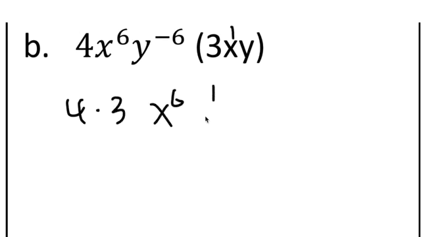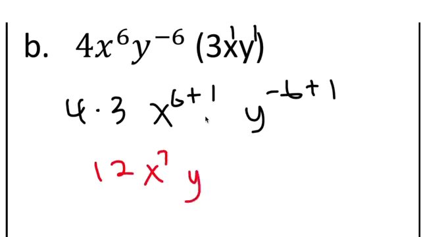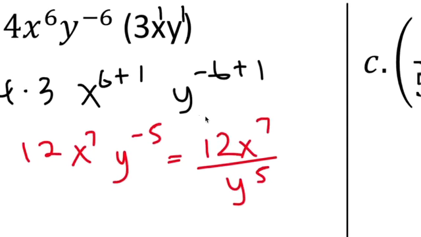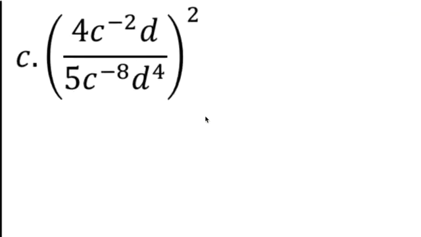This is x to the 1. Add them together. Y to the negative 6. This is the 1. Add them because we're multiplying. So we get 12x to the 7th, y to the negative 5. Make sure you know how to do these.